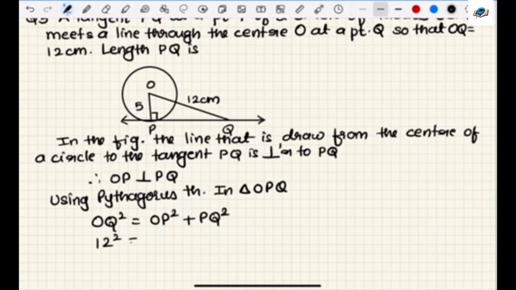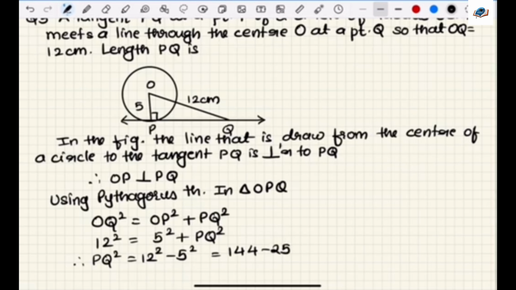So OQ is 12, so 12 square equal to OP is 5, so 5 square plus PQ square. Therefore PQ square will be equal to 12 square minus 5 square, which will be equal to 144 minus 25. Therefore, PQ equal to root of 119 centimeter.